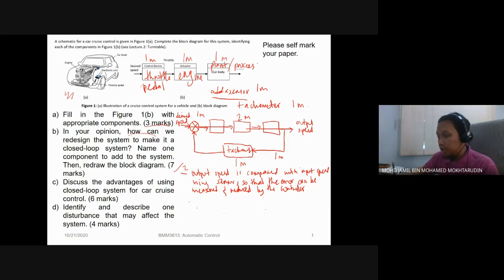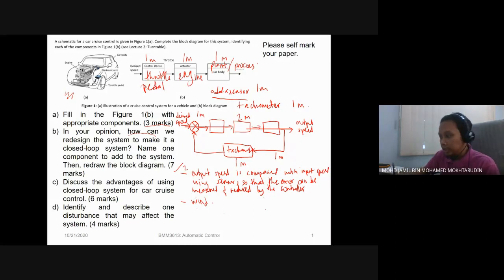So there are many examples of disturbance. So the first example, maybe you can say wind. So you have a wind flowing maybe from the front of the car or maybe from the side of the car. This is a disturbance. Okay, disturbance that can reduce the speed of the car.